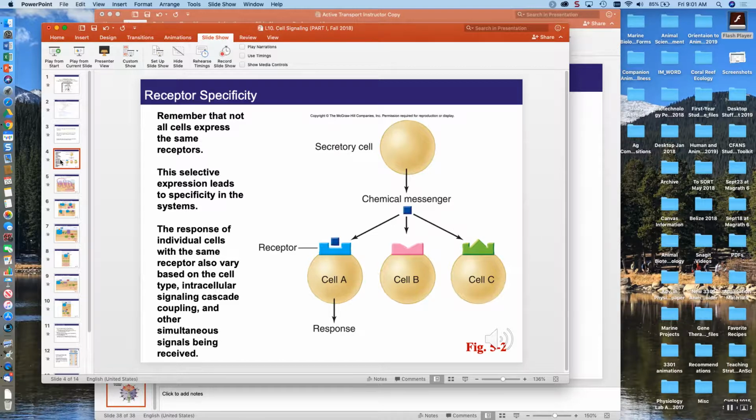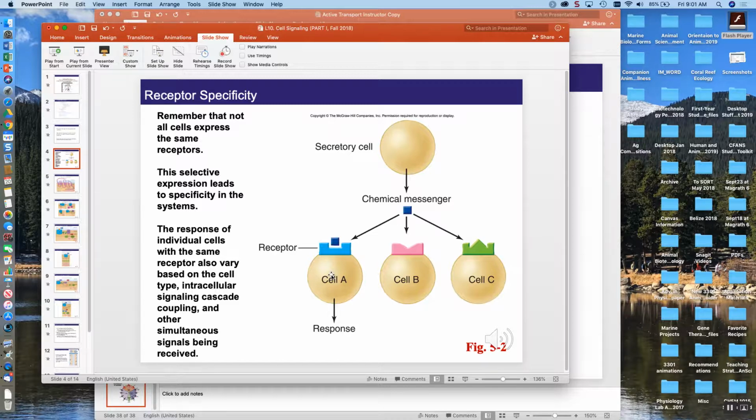Only specific cells respond to it. And that's because those cells that respond are actually expressing the receptor for vasopressin. So this gives it some kind of specificity. This selective expression leads to specificity in the system. So not every cell is going to respond to a ligand or a hormone, like vasopressin.